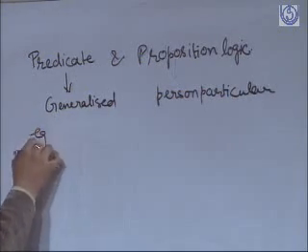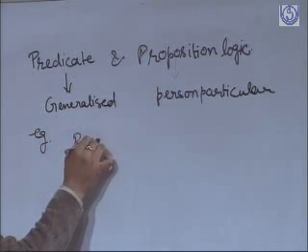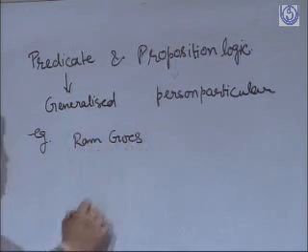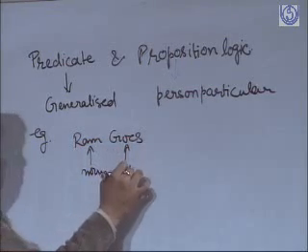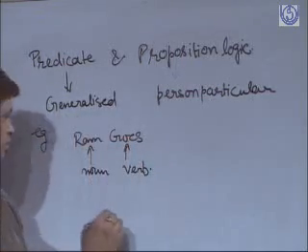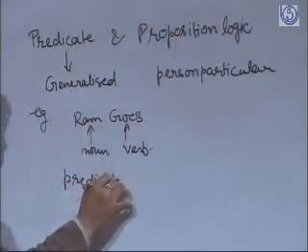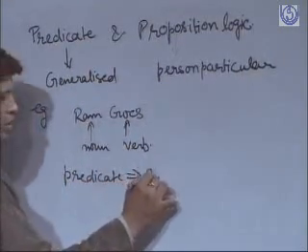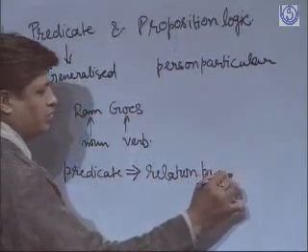So, citing an example: Ram goes. Now this is the noun part and this is the verb part, and the concept predicate means the relation precedes.